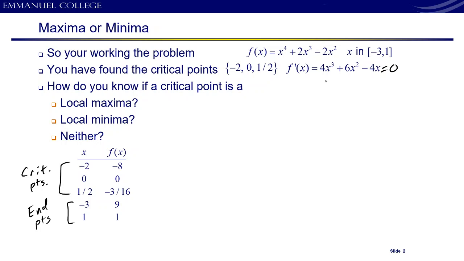So let's break this function up by its roots: negative 2, 0, and 1 half. And these would keep going to the left and right.